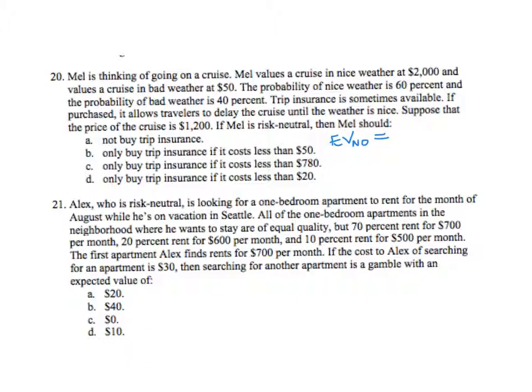So if he doesn't have insurance, we use the probability of good weather times his valuation in good weather. And so that's 0.6 times 2,000 plus 0.4 times 50.